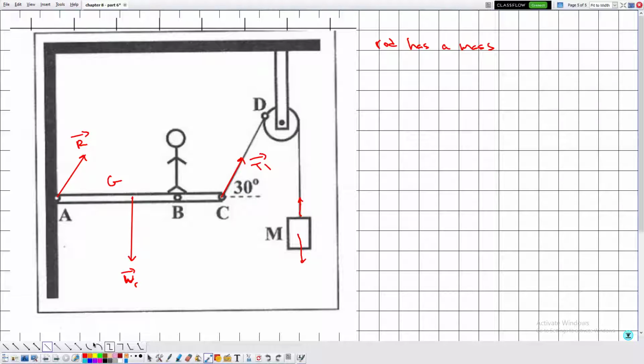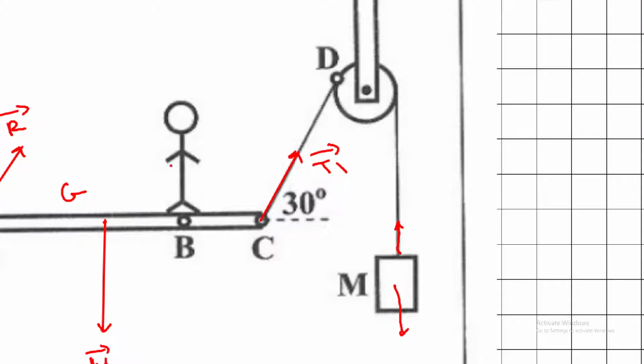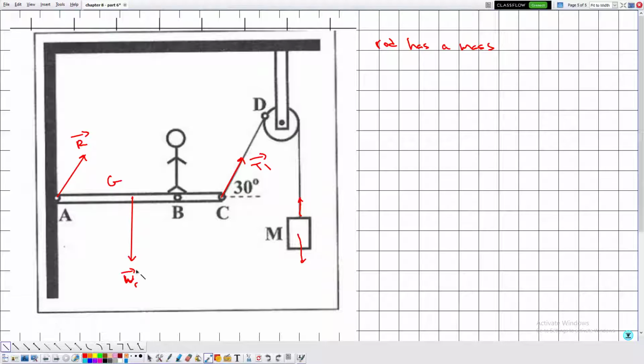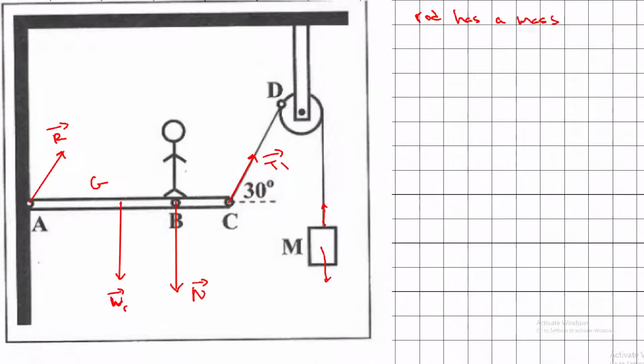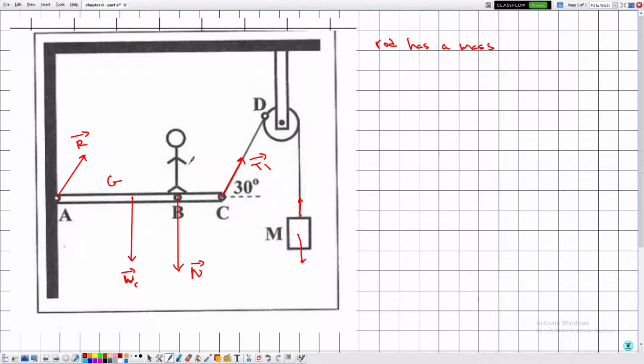So in this case, if we want to represent the force acting on the rod, because the man and the rod are in contact, the force must be represented at the point B. And this is not the weight, this will be the normal reaction at the point B due to the man, not due to the weight.